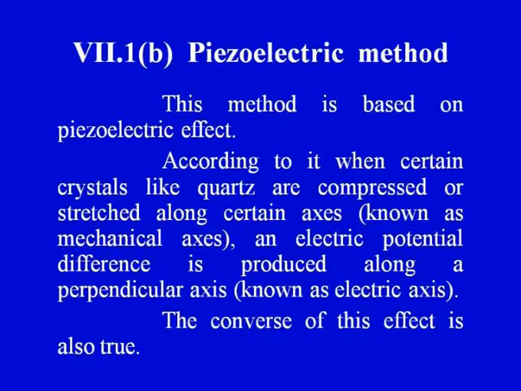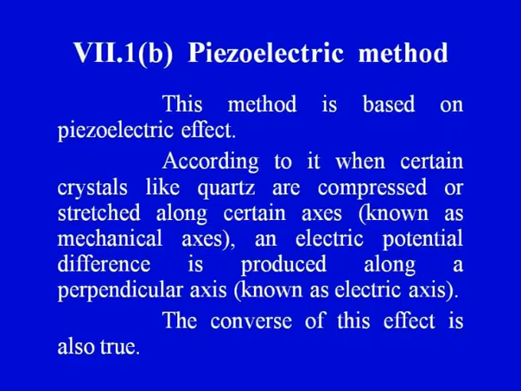Actually, this effect is a combination of two effects: the elastic property of the material defined by Hooke's law, which gives a relation between stress and strain involving the Young's modulus of the material, and the electrical property defined by the relation between the electric displacement and the external field involving the electric permittivity of the material.